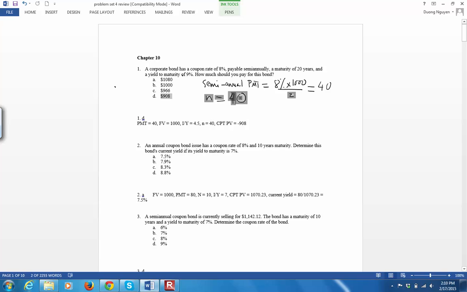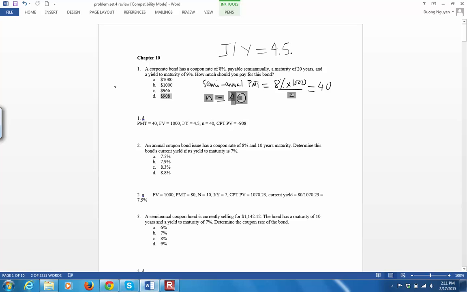Now the interest rate on the bond, which is the yield to maturity, is 9%. So when you put in the calculator the interest rate for 6 months, it is basically 9% divided by 2, equal to 4.5%. Now in your calculator, remember that you need to put exactly 4.5.